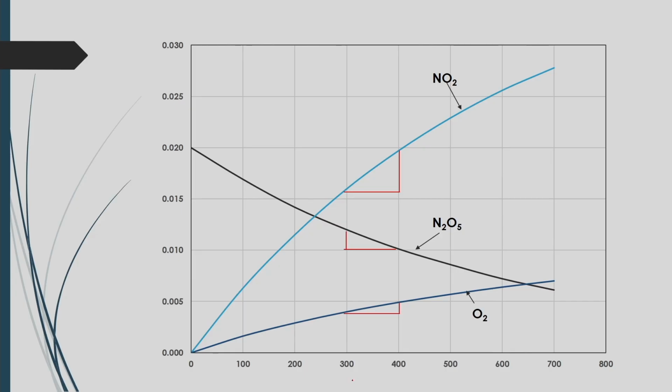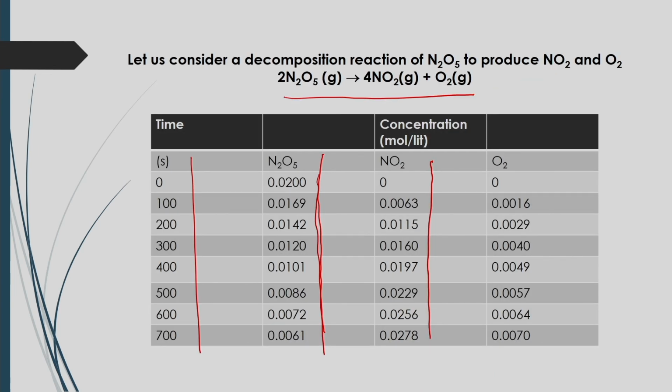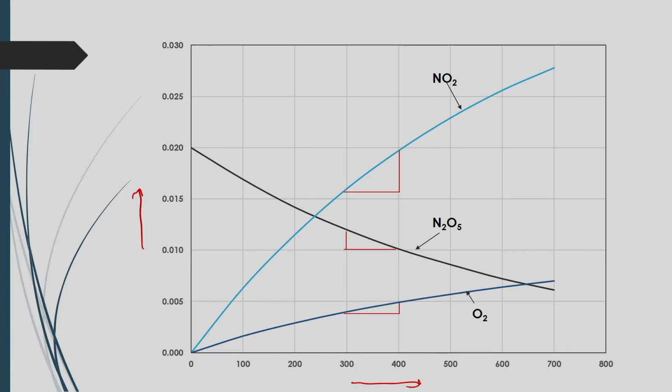by this graph here. The x axis is time in seconds, and the y axis is the moles of A or B per unit liter.